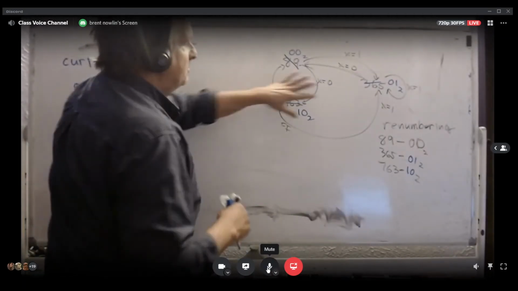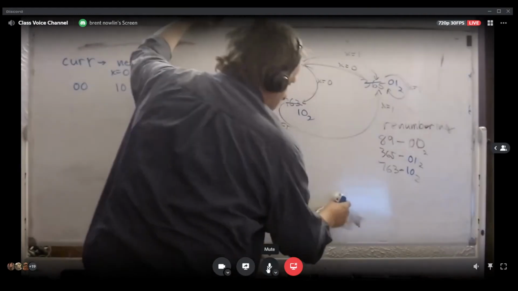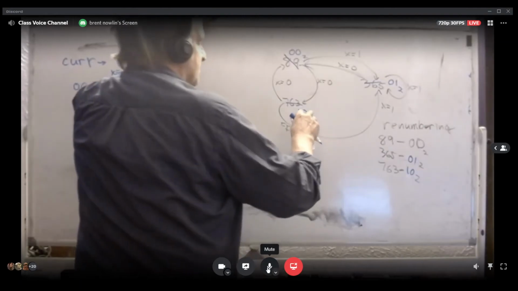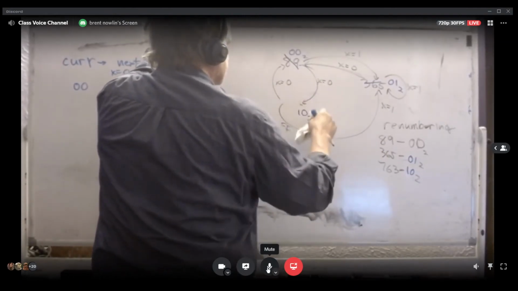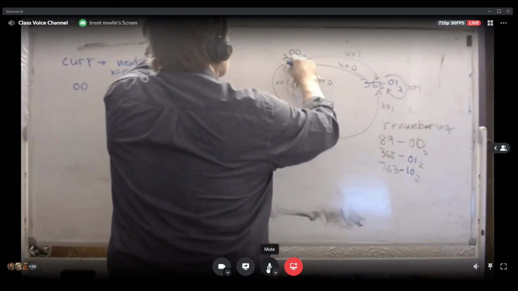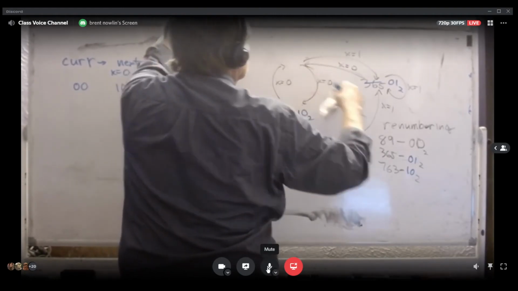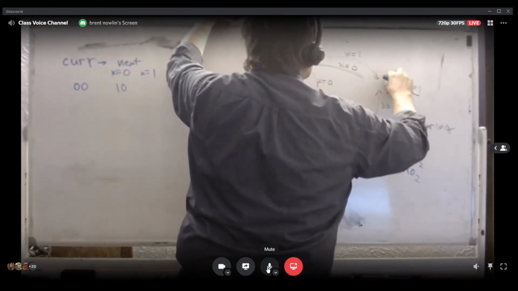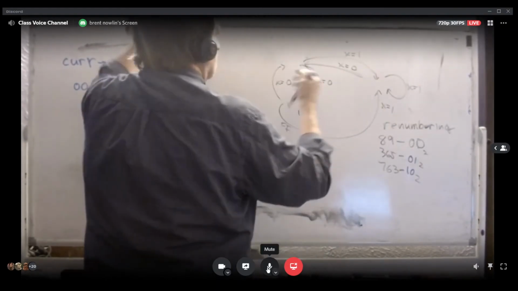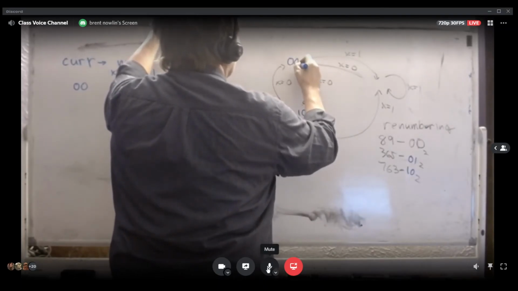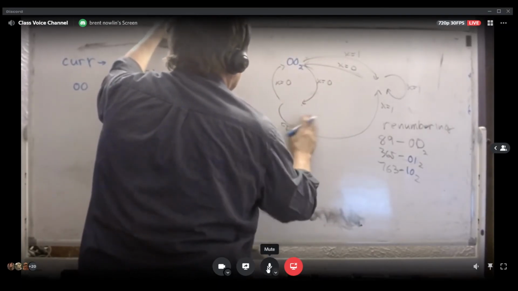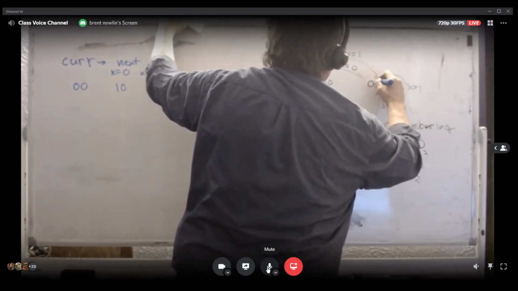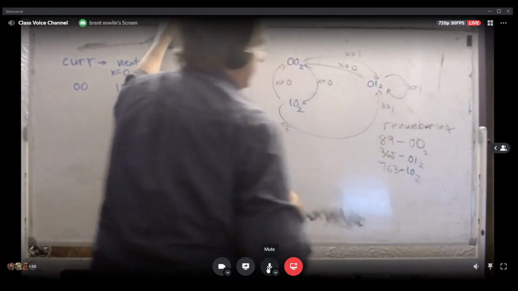How about if I redraw this with our renumbered states so it'll be a little bit cleaner? Okay, this was state 0, 0, base 2. This is state 1, 0, base 2, and this is state 0, 1, base 2. Okay?